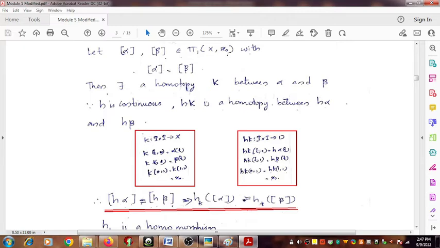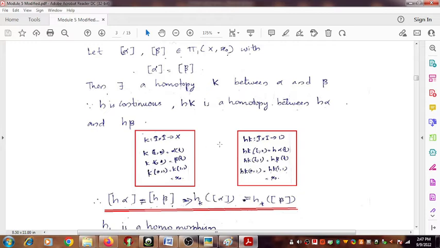First of all, k is a homotopy, so it satisfies the conditions: k defined from I cross I to x, such that k of t,0 equals alpha t, and k of t,1 equals beta t, and k of 0,s equals k of 1,s equals x naught.